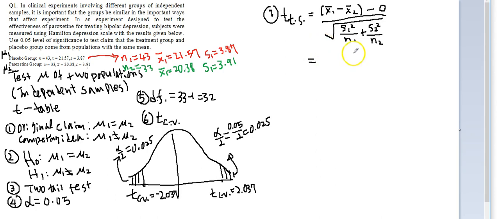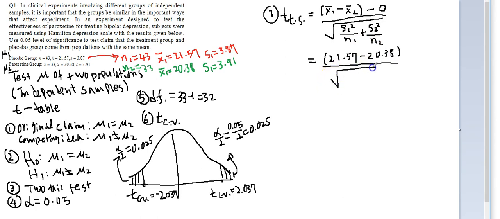So x bar 1, we get what? 21.57. And x bar 2 is 20.38. Now, I'm going to plug that in.